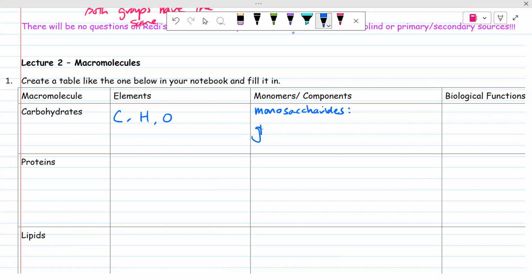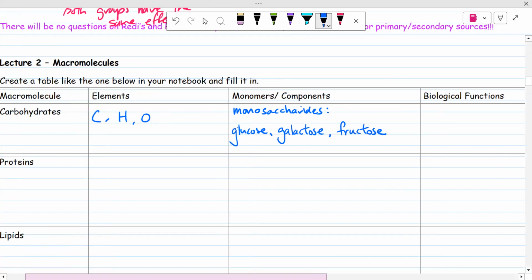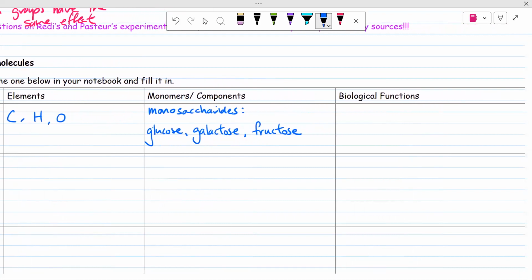There are the glucose, galactose, and what's the last one? Fructose. And of course, they could join together to form double sugar, right? Disaccharide.